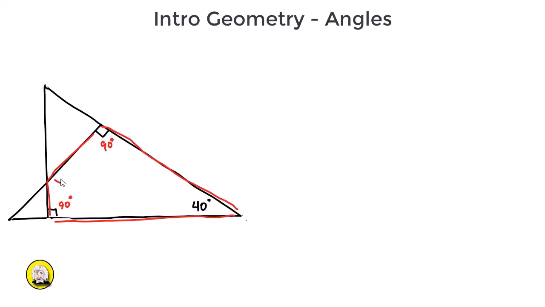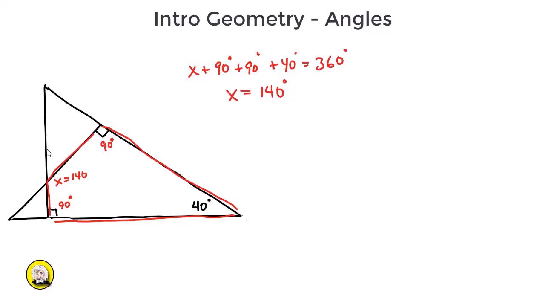So if I were to call that X, I know X plus 90 plus 90 plus 40 degrees equals 360 degrees, the sum of interior angles of a quadrilateral. So X in this case equals 360 minus 180, which is 180, minus 40 is 140 degrees. So X equals 140. What else can I fill out given that?